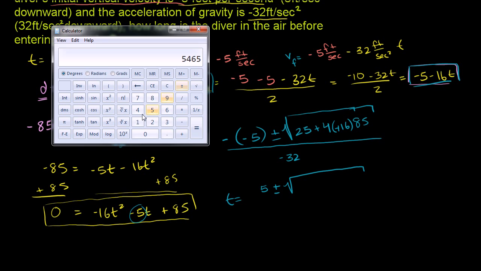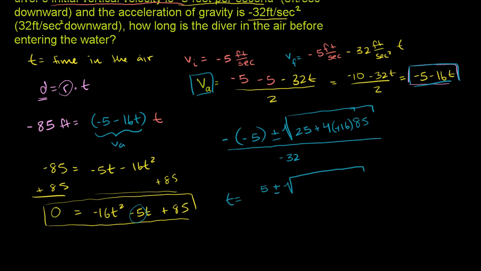Let's just take the square root of it, and we have 73.9. So let's just stick with 73.9. This is going to be equal to, we already figured out what the square root is, we just evaluated it, so we delete that. This is going to be equal to plus or minus 73.9, all of that over negative 32.